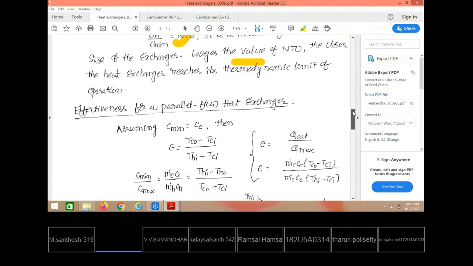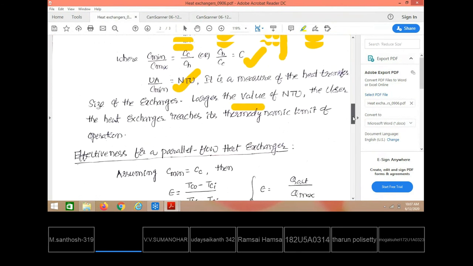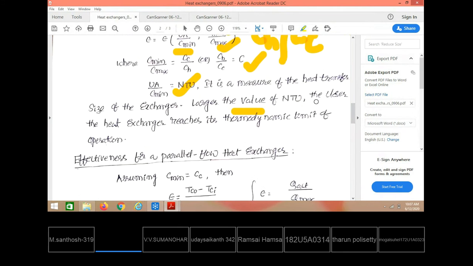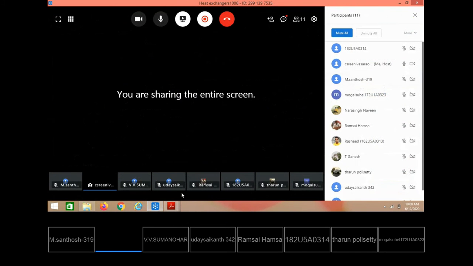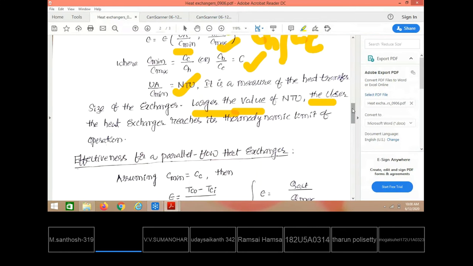So NTU tells you that the closer the heat exchanger reaches the thermodynamic limit of operation, the larger the value of NTU, so the gap between the transfer of heat from hot fluid side to cold fluid side is lesser. That means the possible amount of heat that can be transferred from hot fluid to cold fluid is maximum. That is the significance of NTU.